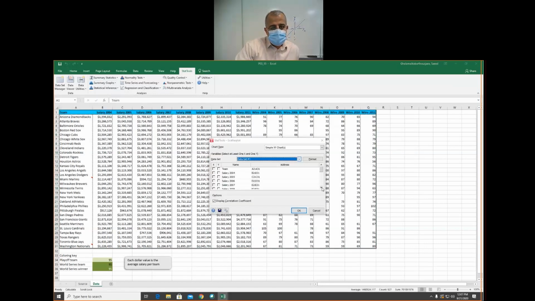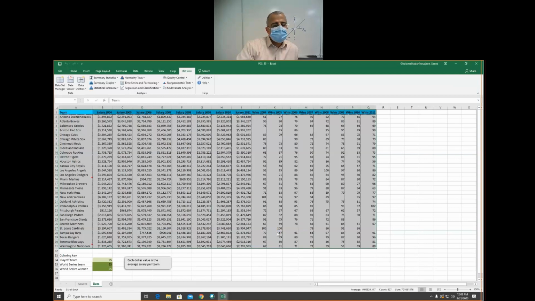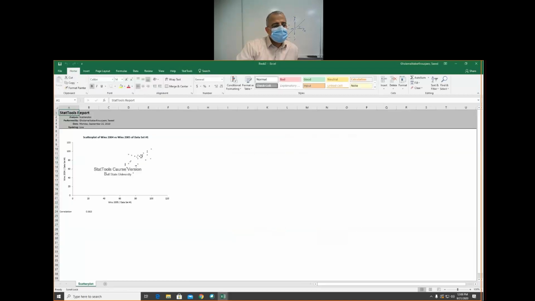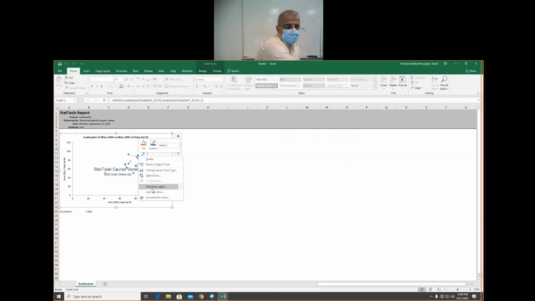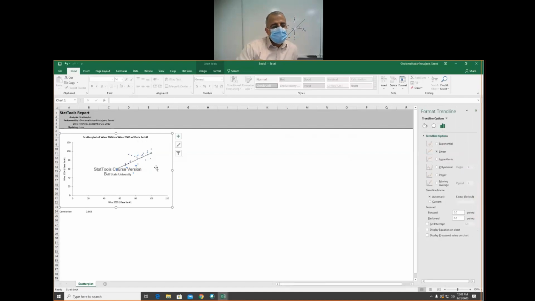For example, between Wins 2004, which will be our Y, and Wins 2005, which is going to be our X. You see, there is a kind of linear relationship and positive relationship.